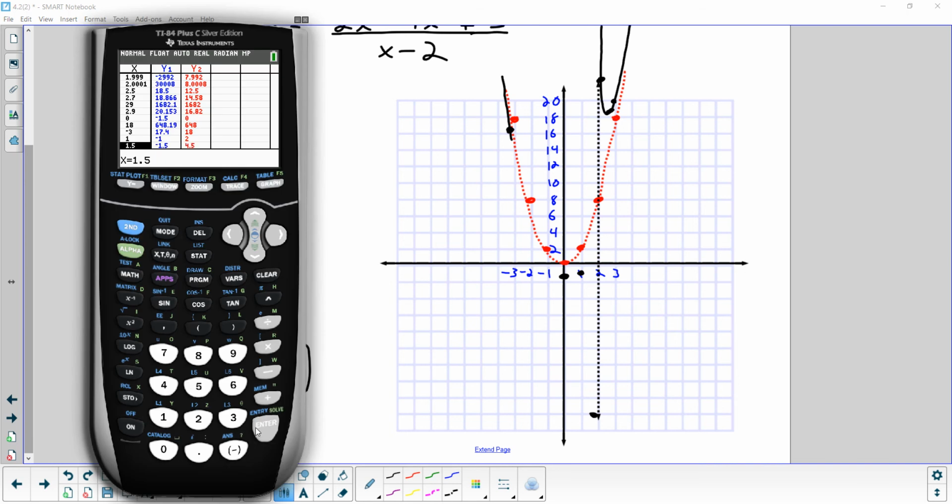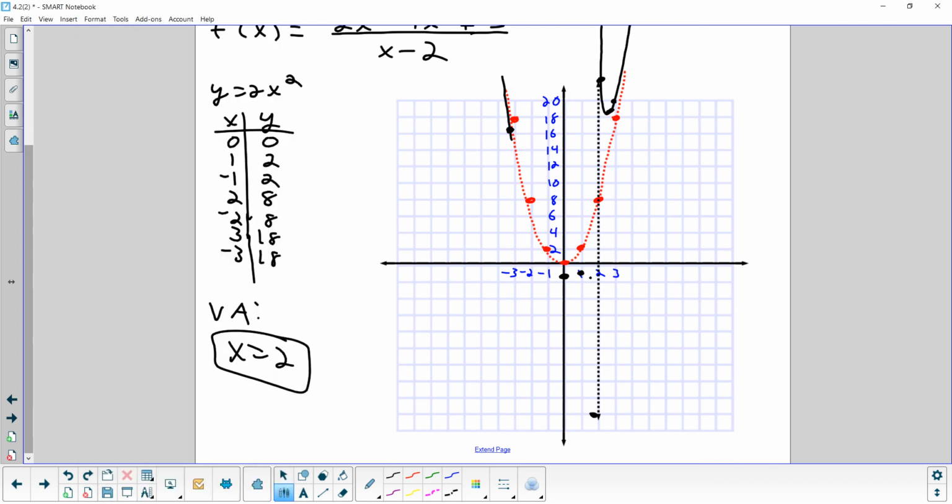Let's see where we're at there. 1.5, -1.5. All right, now I'm starting to see what's happening here. It's coming down, getting a little further away from the asymptote, and then it's going to have to curve through those points, and then go down and get closer and closer to that dotted line. And that's what your sketch is going to look like.